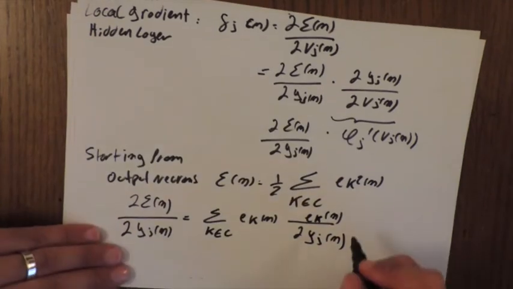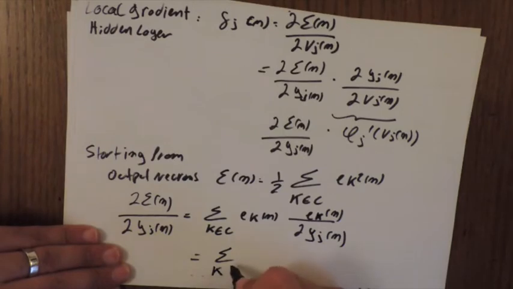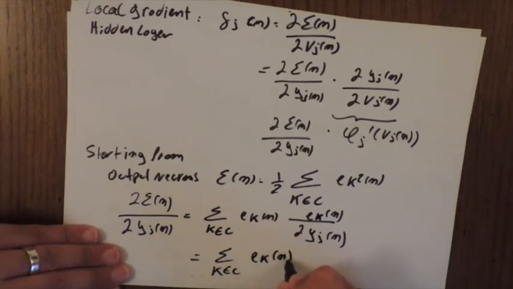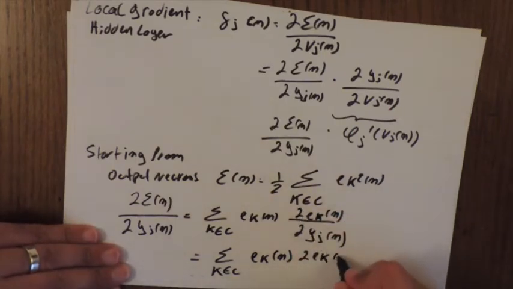Okay, and this will be equal to the summation for k belonging to C of ek of n, and we take the partial derivative here. Of course, here we have a missing del.